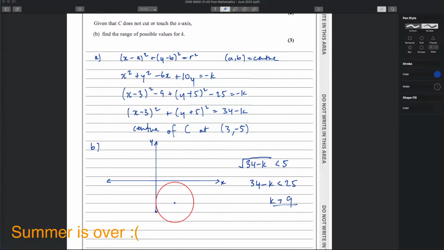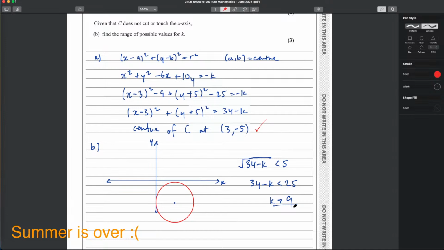Let's check. Can someone spot my mistake? Not greater than 9. Oh yeah, greater than 9, yes. Sorry, that's fine. This is fine.